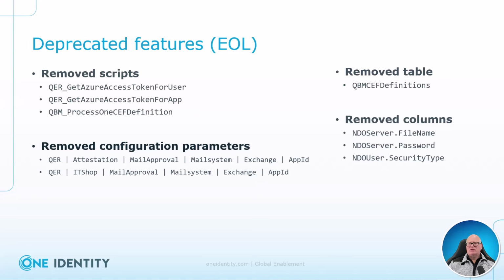And last but not least, you see here, of course, some old properties out of the NDO world. There were just some fields implemented prior to version 7 of the Identity Manager, and since this version, of course, they are not used any longer, and because these are super old data relics, we have removed the columns NDO server file name, NDO server password, and NDO user security type.